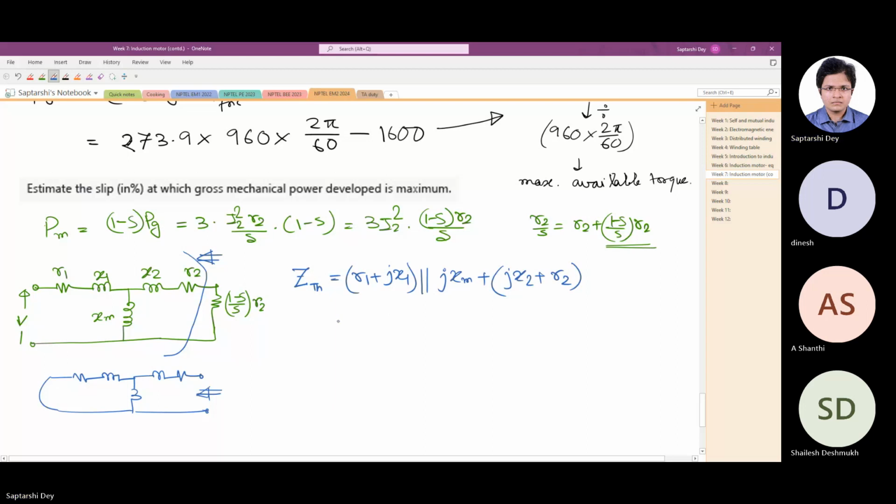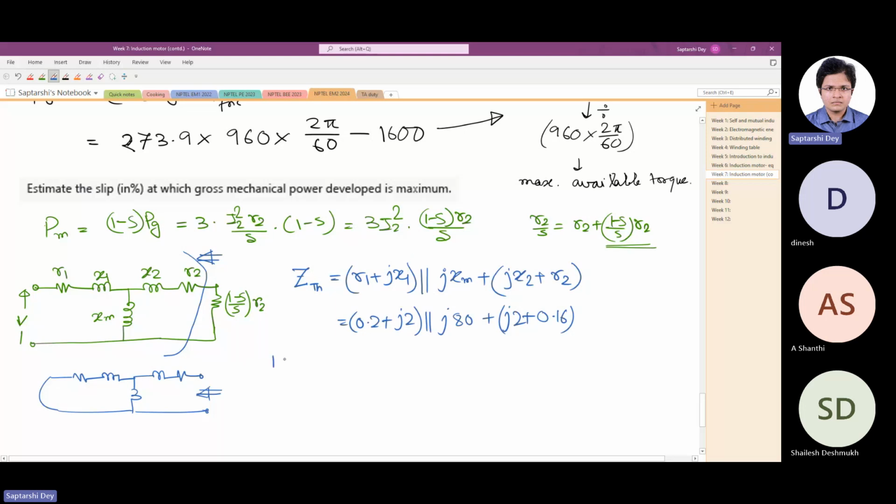So if I now put the values, R1 is 0.2, X1 is 2, XM is 80, plus j2 plus R2 is 0.16.